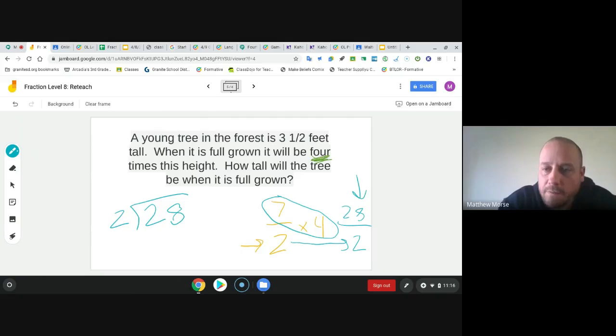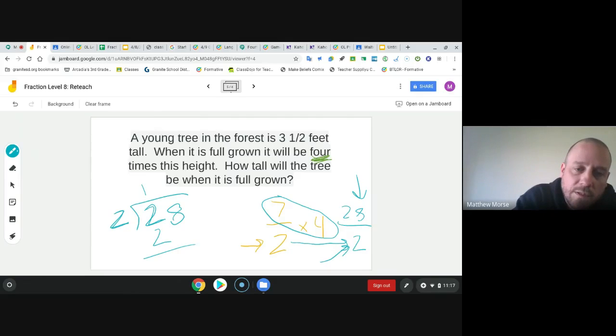Your numerator divided by your denominator. Okay, so I'm looking here and I can do 2 times 1 equals 2. Okay, so I'm good there. Subtract, bring down the 8. 8 divided by 2 now is what you're working with. So you'd go 2 times 4 equals this 8.